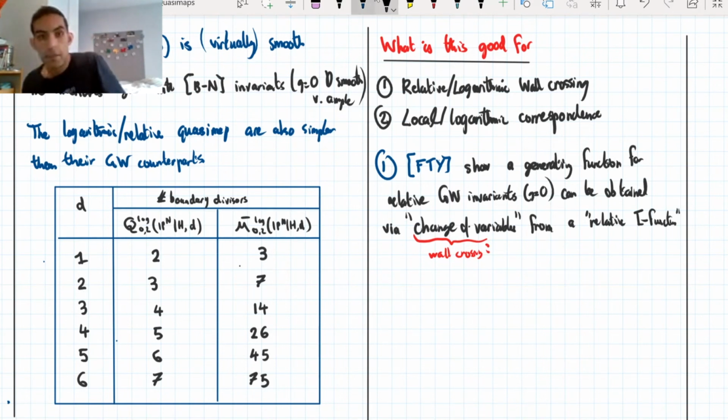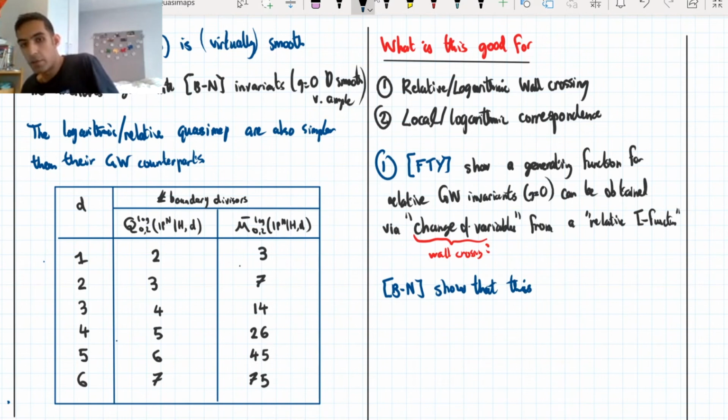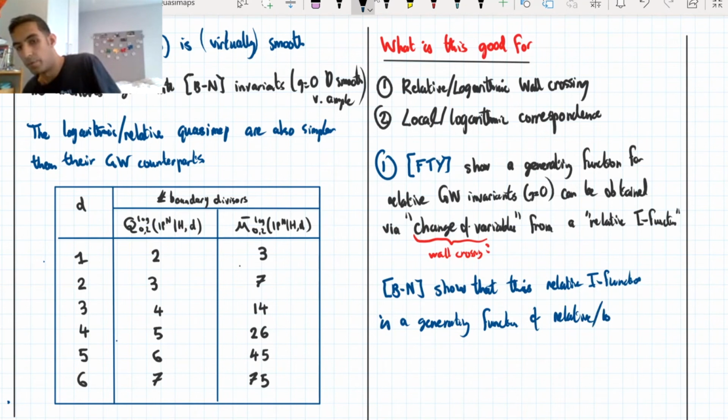On the other hand, in the first iteration of the solution to this Quasimap problem, Battistella and Abreu show that their relative I function is a generating function of relative Quasimap invariants.